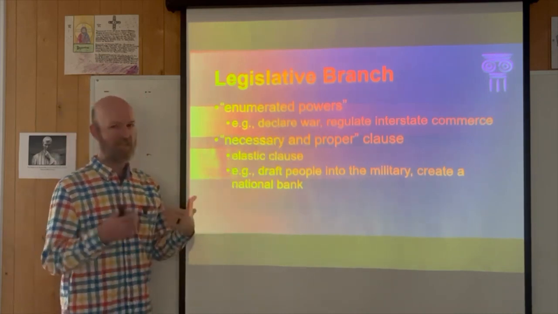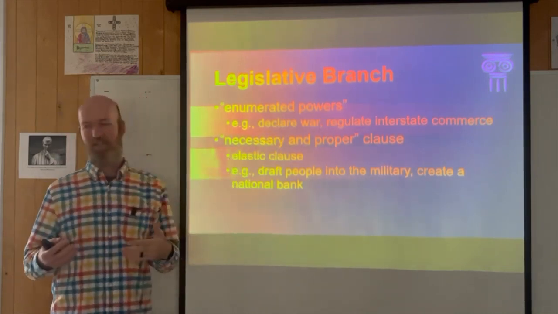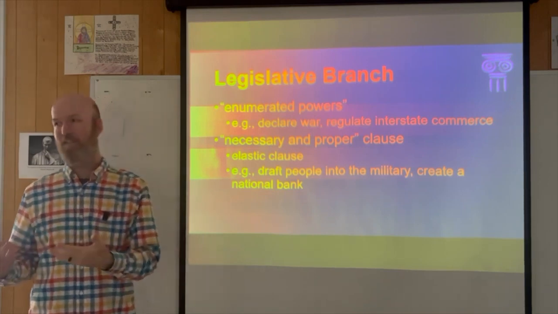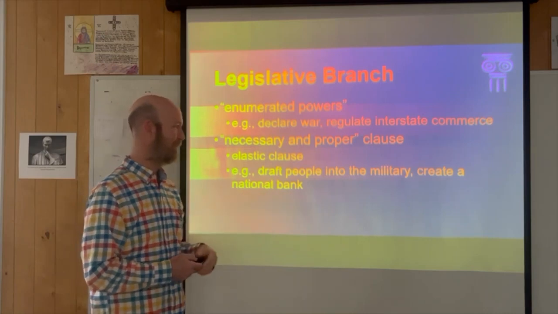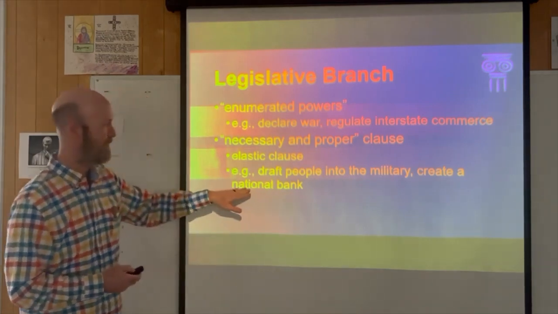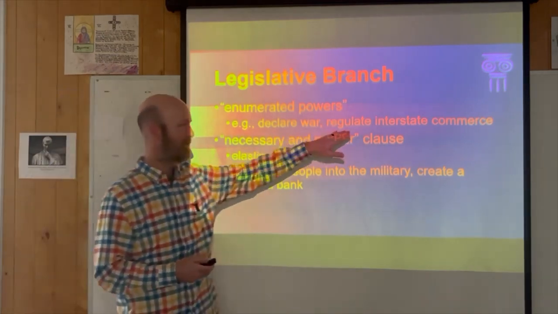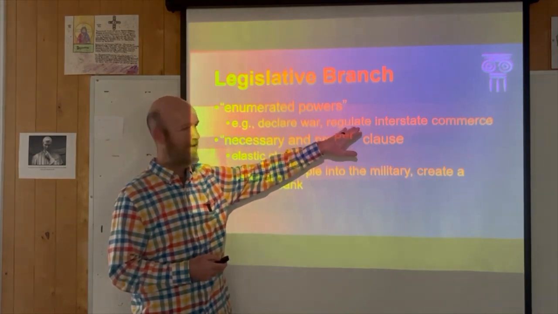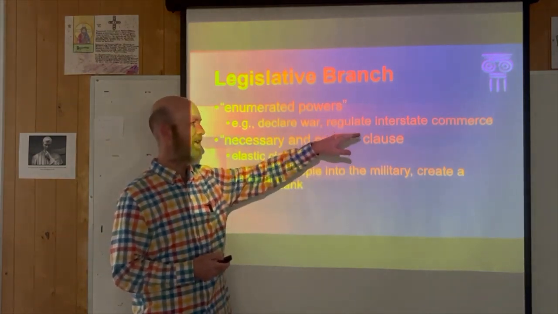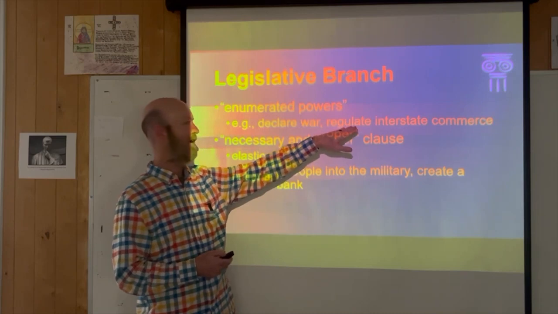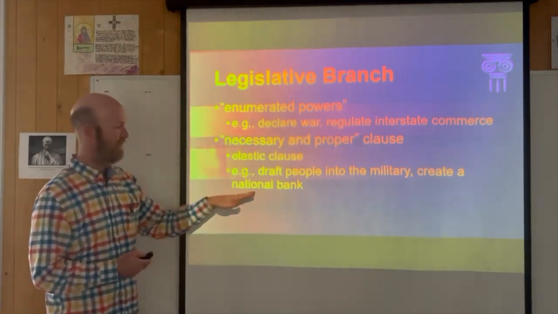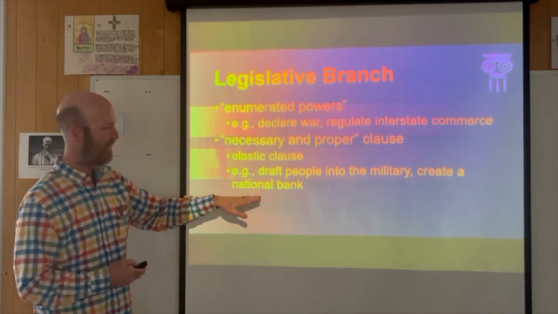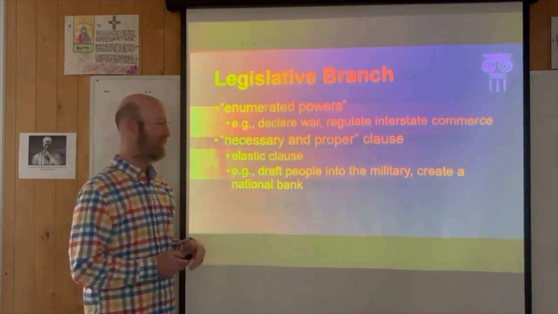If Congress can declare war and send an army, they must have the ability to form an army, and that might require drafting people. Also, creating a national bank, going to the enumerated power of regulating interstate commerce, printing money, things like that. The enumerated power of managing the national economy goes to the necessary and proper part of creating a national bank.